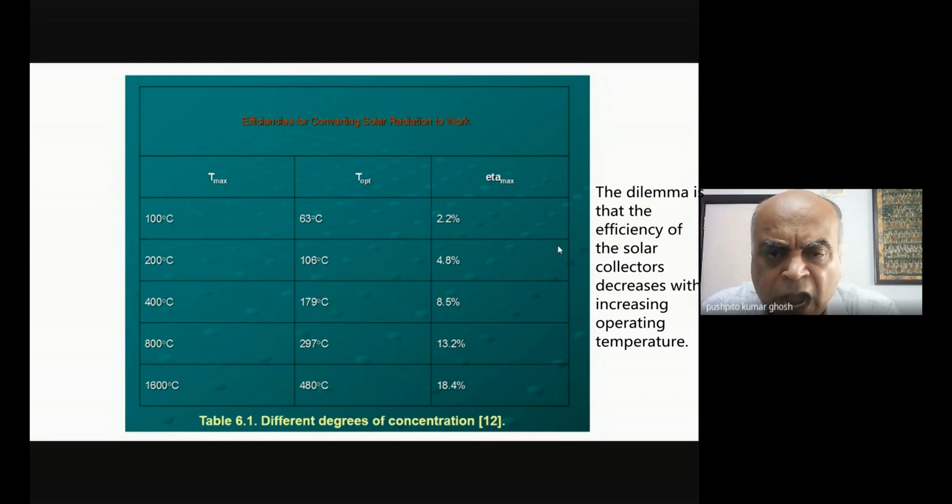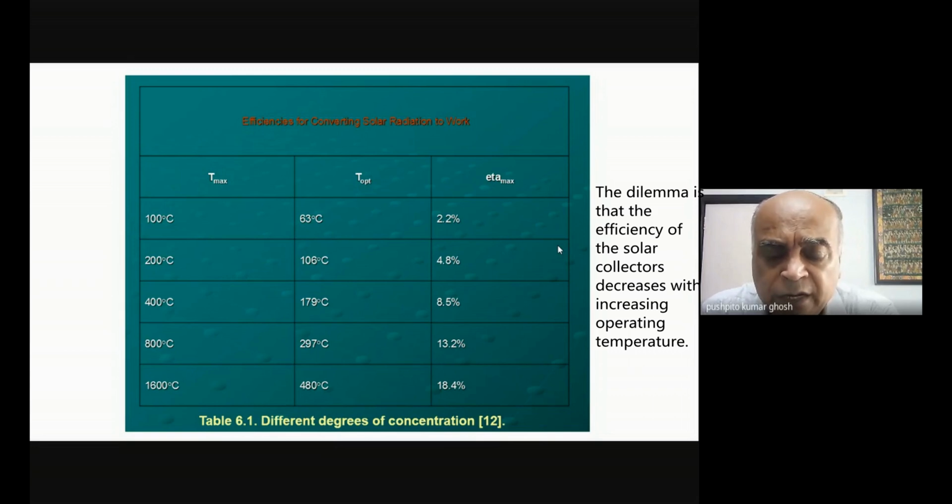So you get high temperature steam. The higher the pressure, the higher will be the temperature of the steam. Okay, and so you can actually reach thermal to electrical conversion efficiencies of the order of around say 30%.